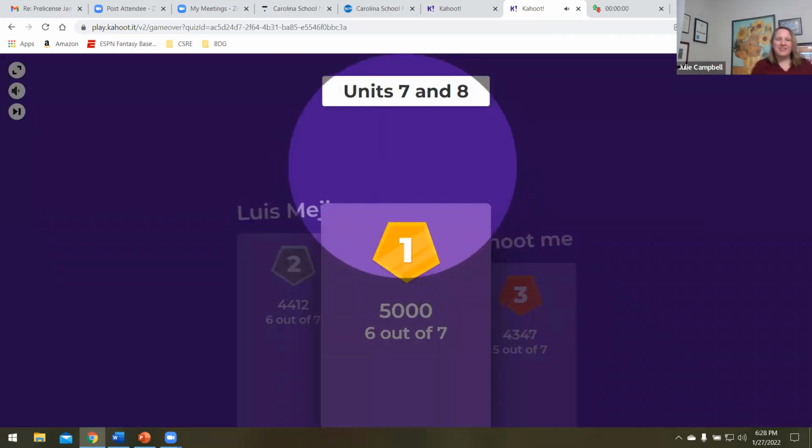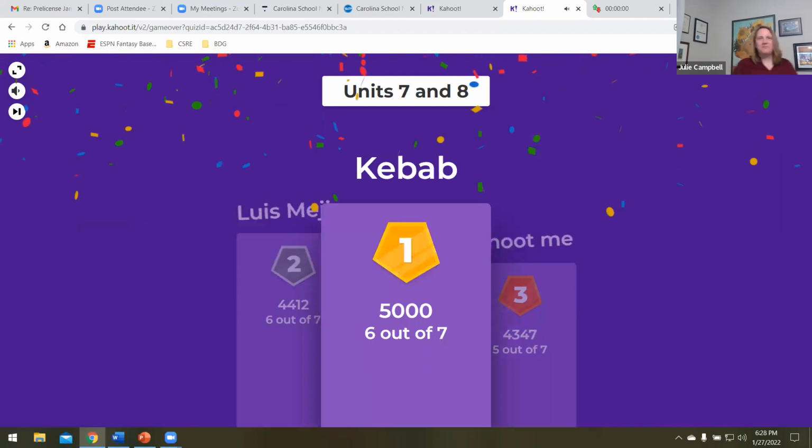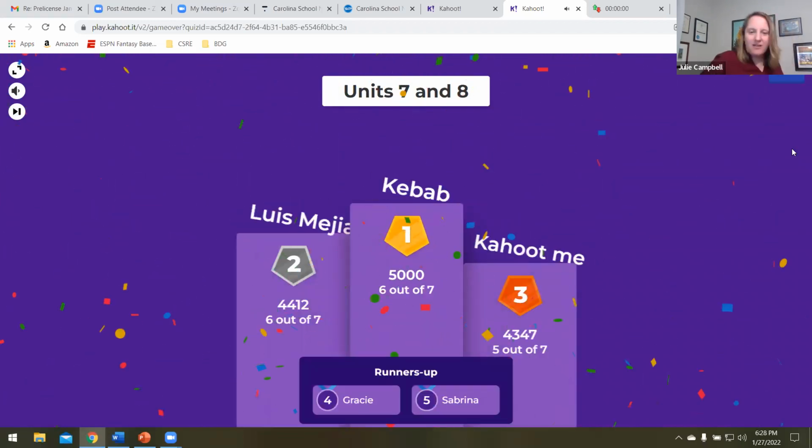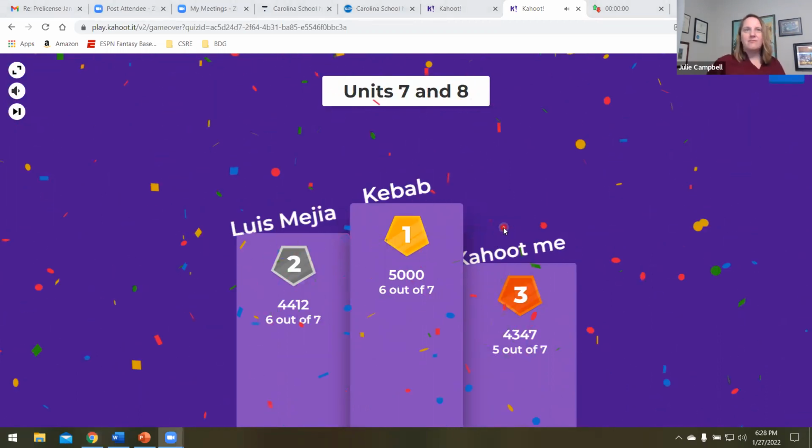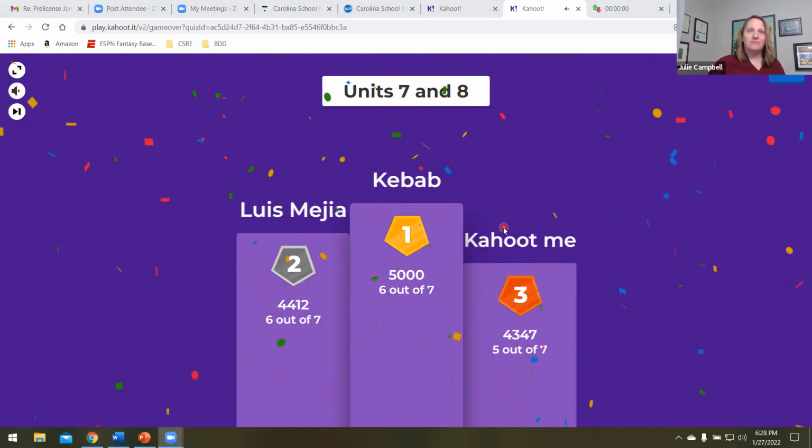Our first place is Kebab. Runners up are Gracie and Sabrina. All y'all get yourselves a candy bar. Candy bar budget has greatly improved since I went on Zoom. I got to tell you what.